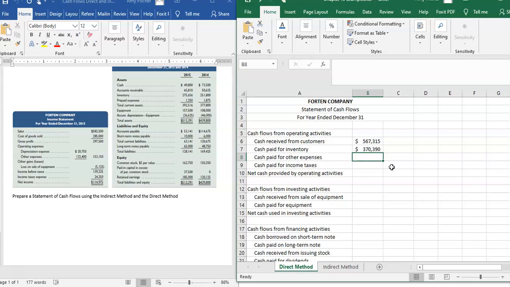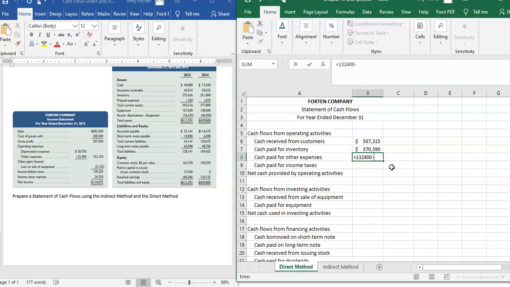Then we need to know what our cash paid for other expenses are. We have other expenses on our income statement. So we have $132,400 in other expenses. And then we have prepaid expenses on our balance sheet. We have a decrease in prepaid expenses.